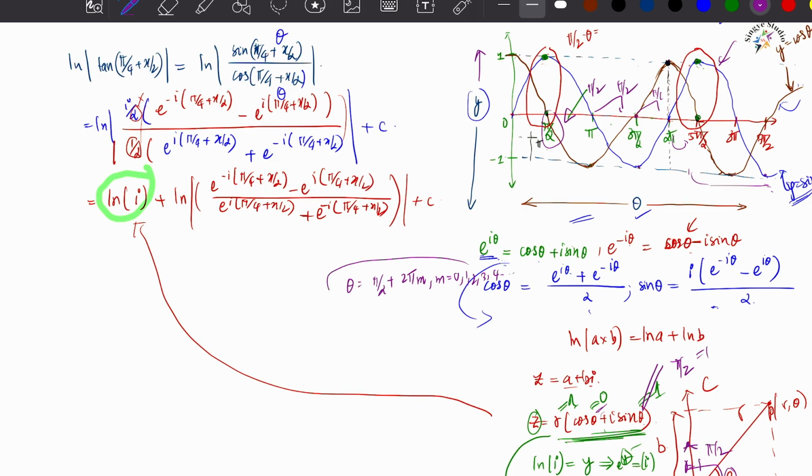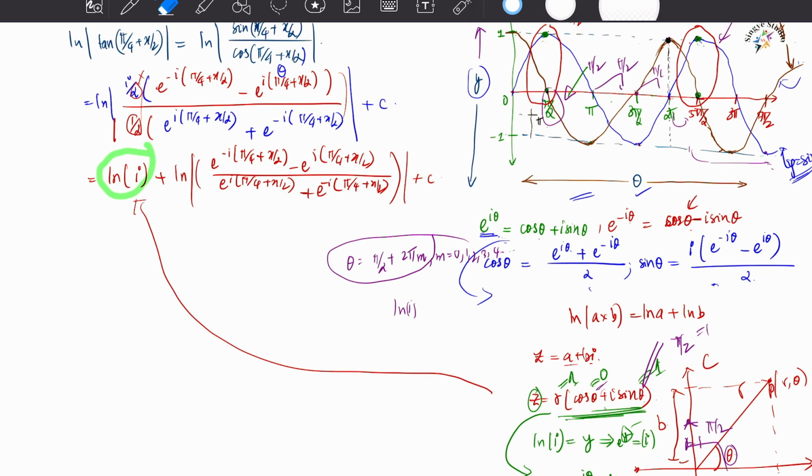If you use this condition, then we will get the expression for ln i. Therefore, ln i in terms of Euler's formula is just i times pi by 2 plus 2 pi m, okay? Now we will get multiple values. For each value of m equals 0, 1, 2, 3, there will be many answers.